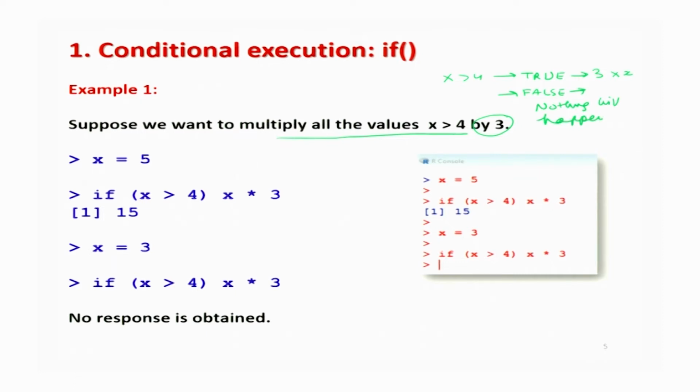So, that is the thing which we want to do, and you can see now that using the conditional execution concept and the if command, we can do it very easily. Suppose I give an input x is equal to 5, and then I write the if condition like this: if, and inside the parenthesis write x greater than 4, and after that write x star 3, that means the number is going to be multiplied by 3.